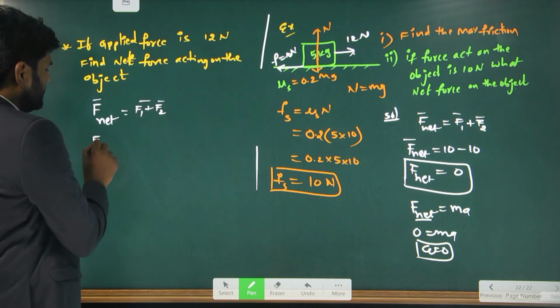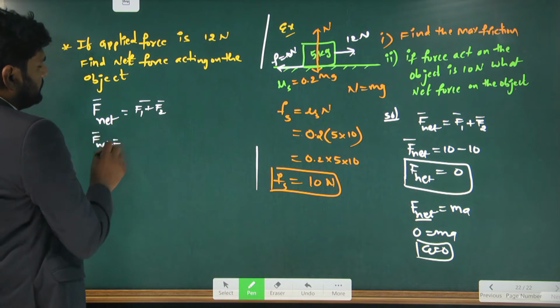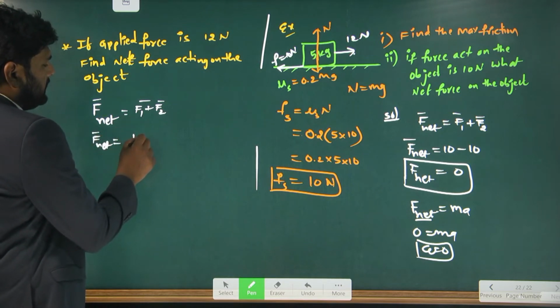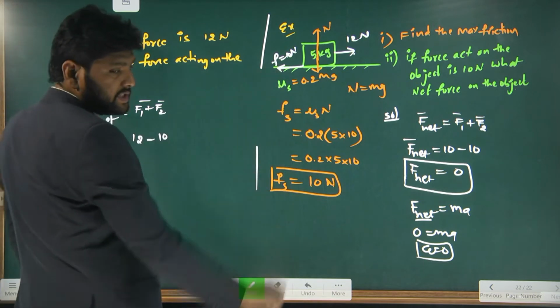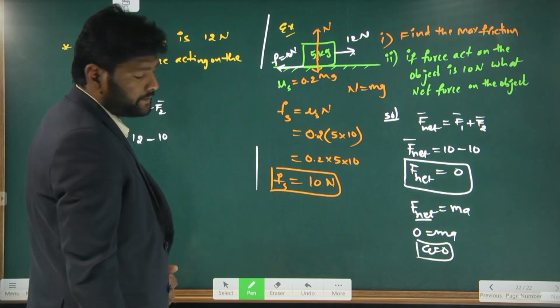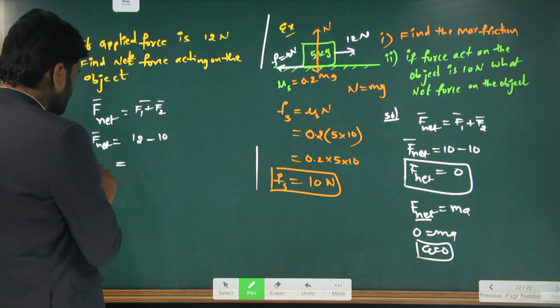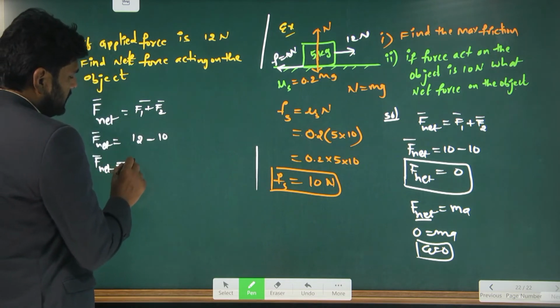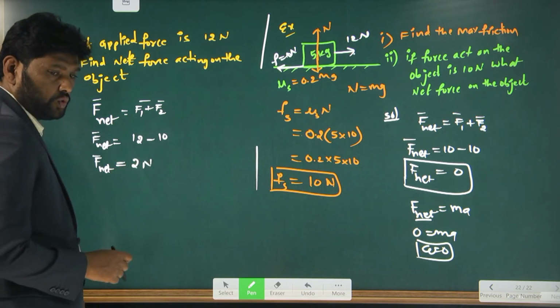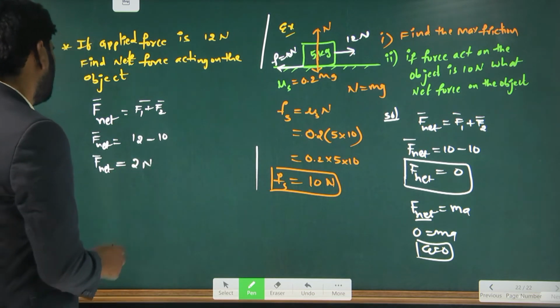F net is equal to F1, 12, minus F2. F2 is nothing but the friction force acting on the body. So totally, what is the net force here? Totally 2 Newton.